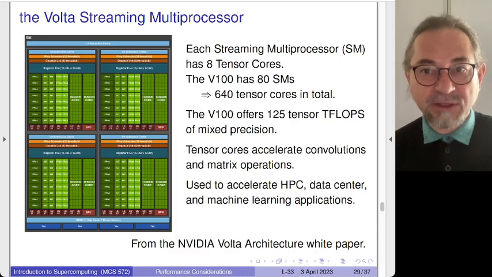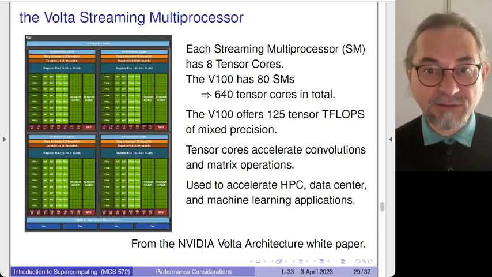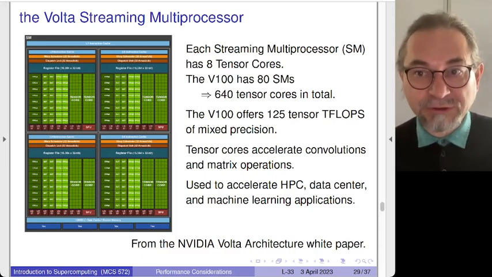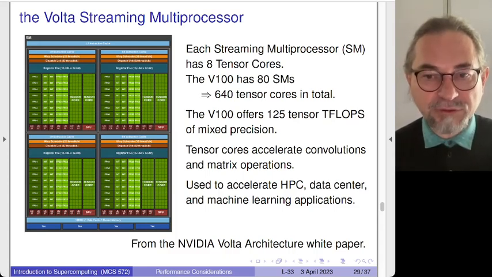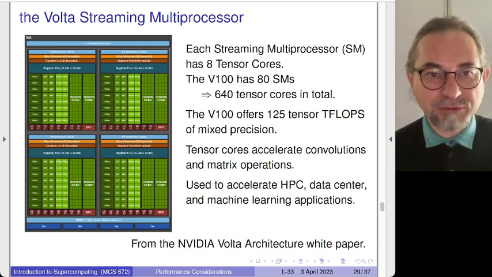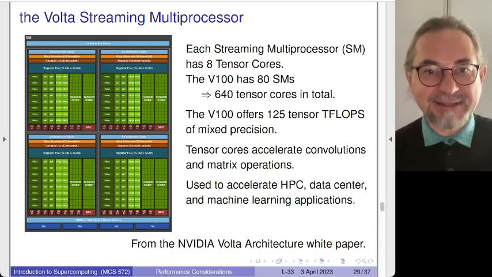The Volta was bringing an enormous increase in performance with Tensor cores. So here is a picture that I stole from the Volta architecture white paper. Every streaming multiprocessor has 8 Tensor cores.